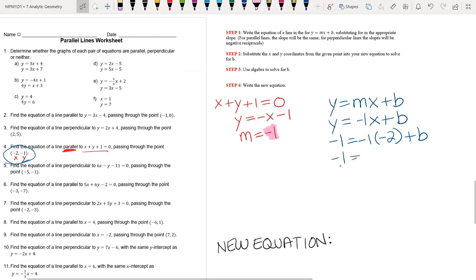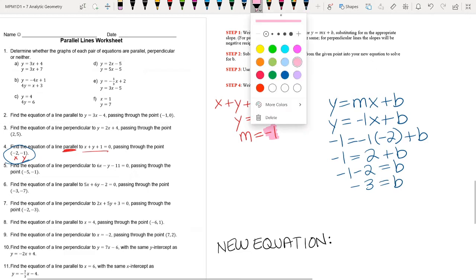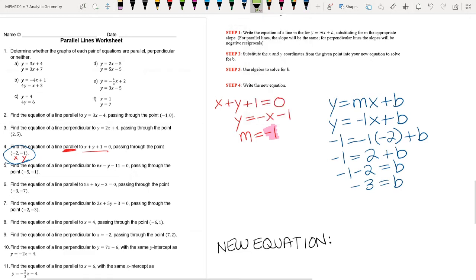I get negative 1 is equal to positive 2 plus b, because negative 1 times negative 2 is positive 2, and I need to subtract 2 from both sides to find the value of b. So I get negative 1 subtract 2 is equal to b. Negative 3 is equal to b. And that is our y-intercept for our new line, for our new equation.